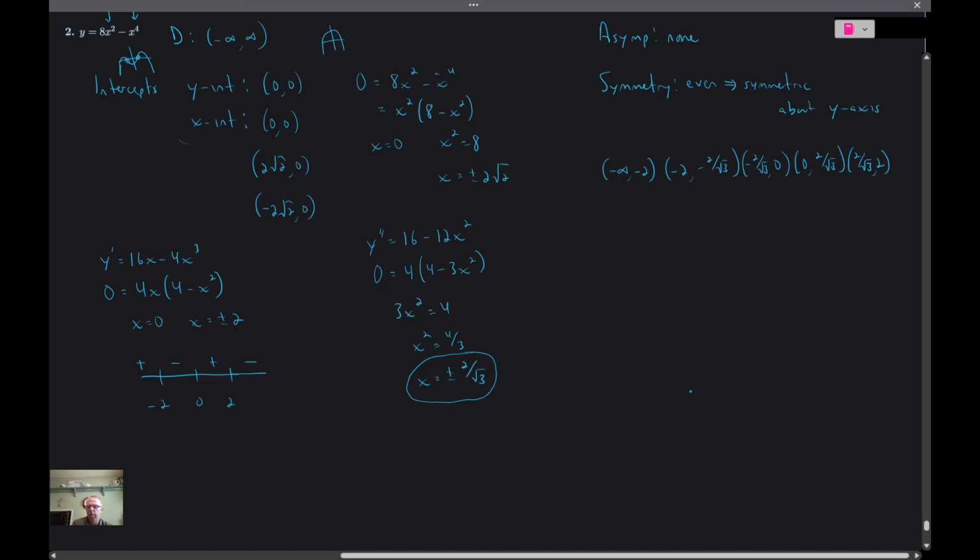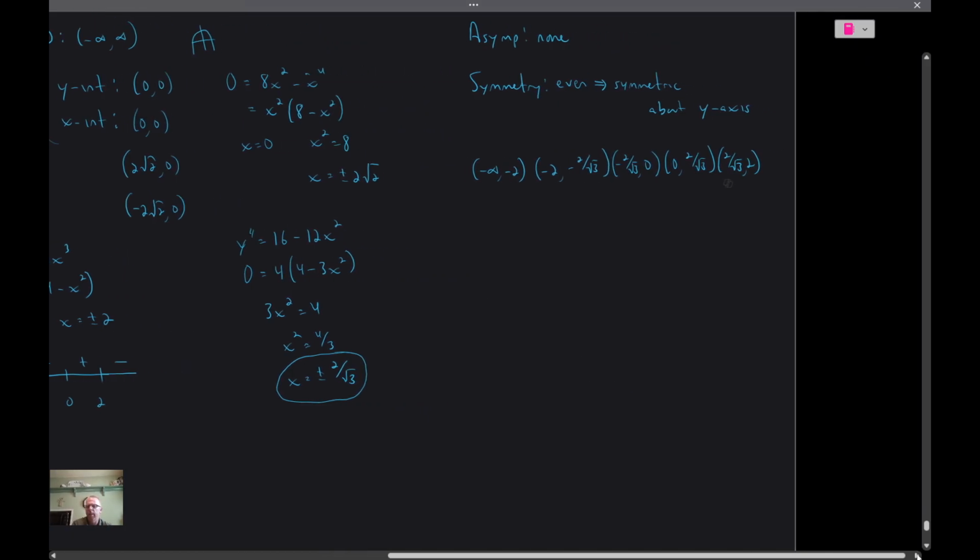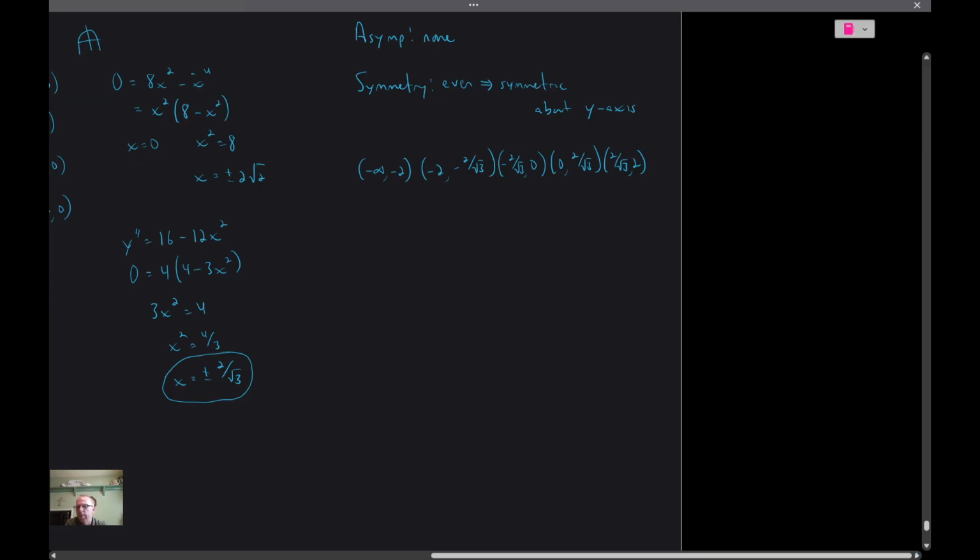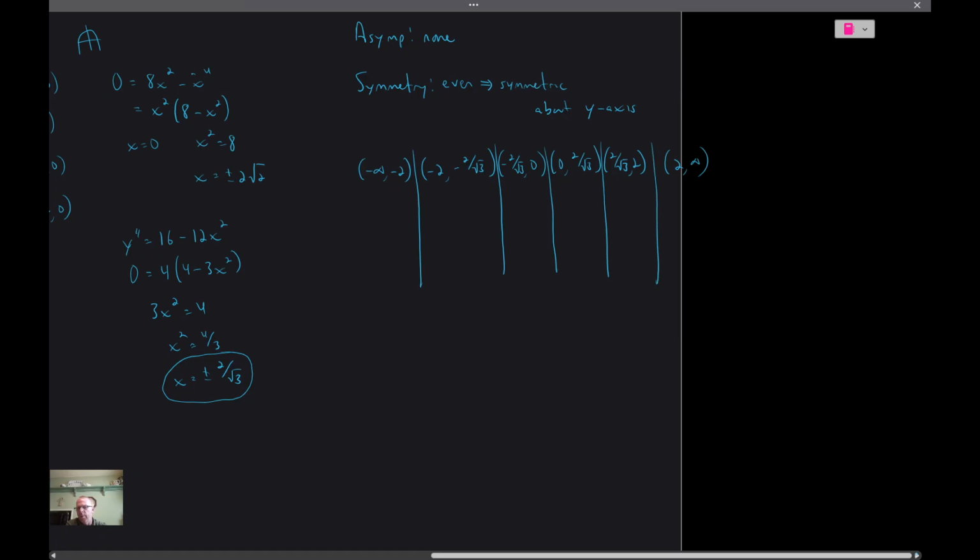And let's see if I can move this. Maybe I can. Yeah, I guess I can. We'll just run off the page a little bit. That's okay. 2 to infinity. We should basically know what this is going to look like. So these are intervals. They're not ordered pairs.